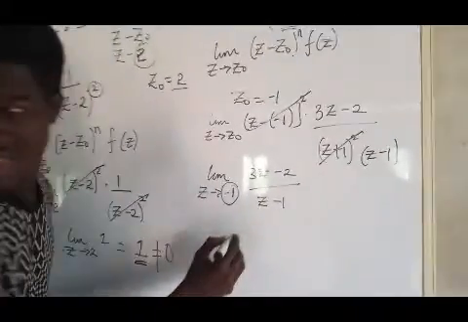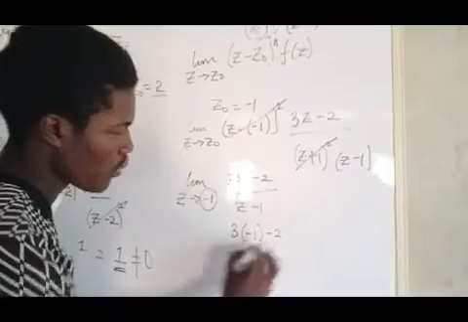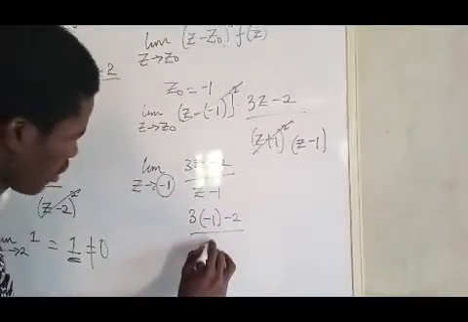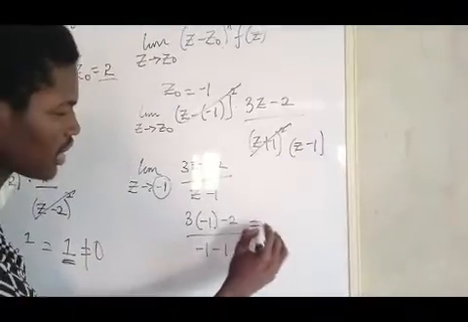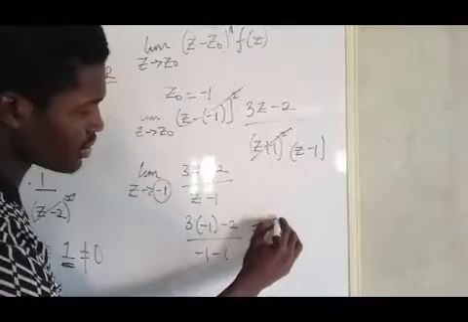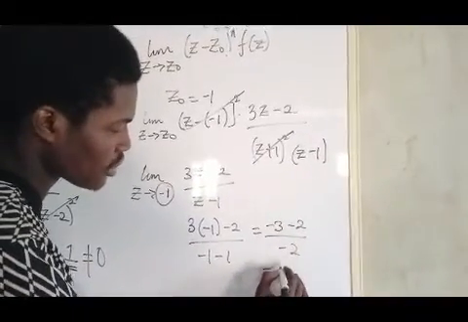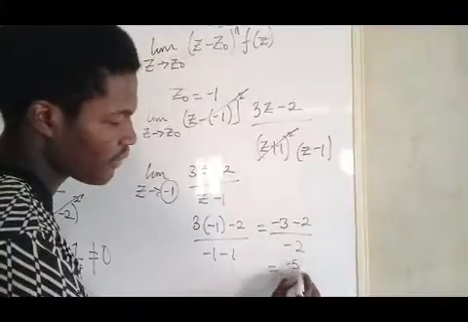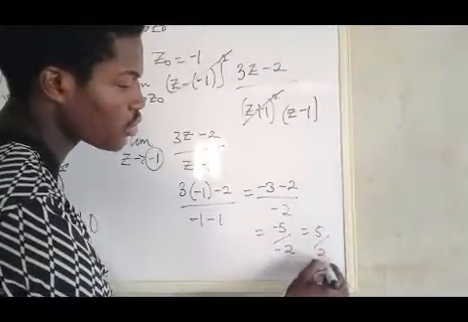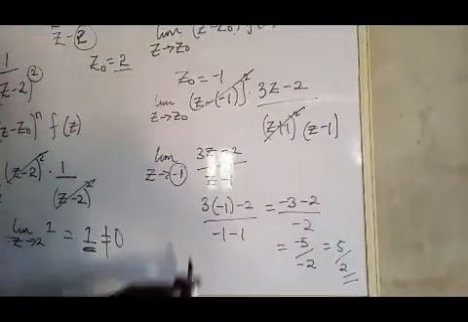So that will now be 3 open bracket minus 1 minus 2 all over minus 1 minus 1 minus 1. And that will now be 3 times minus 1 is minus 3 minus 2 over minus 2, that's minus 5 over minus 2, and that's 5 over 2. Now you can see that it is giving us a number and not 0.